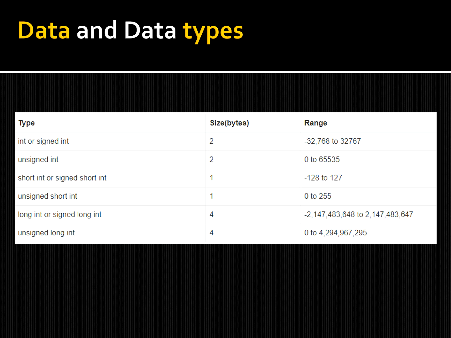Long int or signed long int, 4 bytes, ranging from -2 million to 2 million. And for unsigned long int, 4 bytes, ranging from 0 to 4 million.